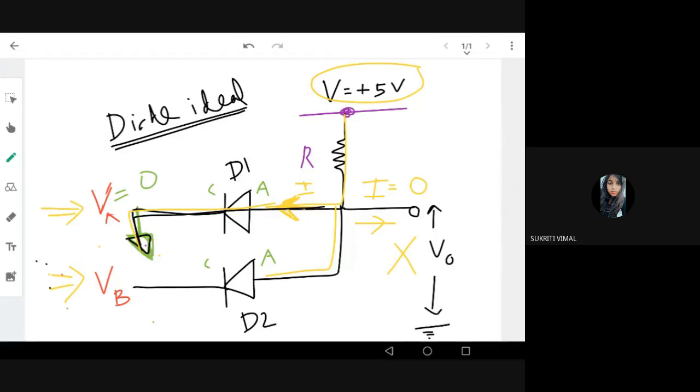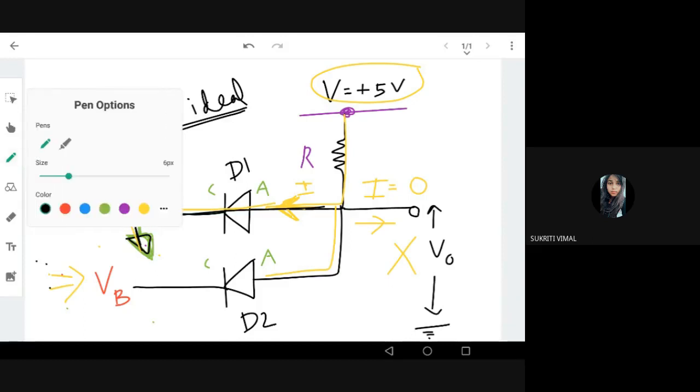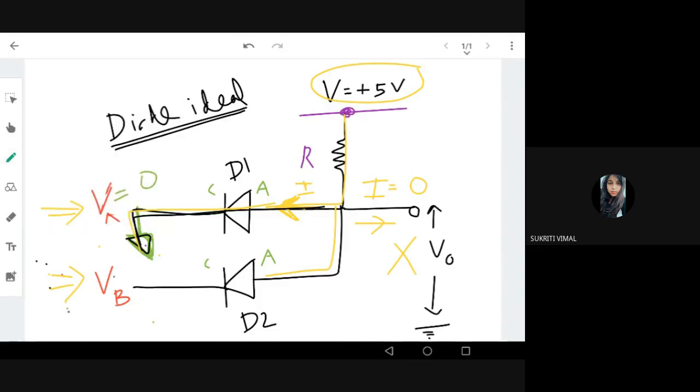Before that we should see what the voltage at B is also. VB is also given 0 voltage, grounded, right? But let's assume VB is given a high voltage, that means plus 5 or more, whatever.